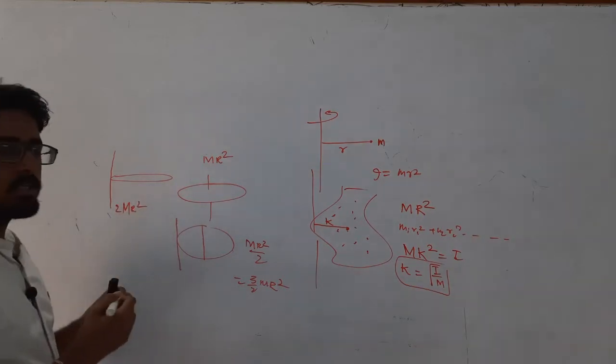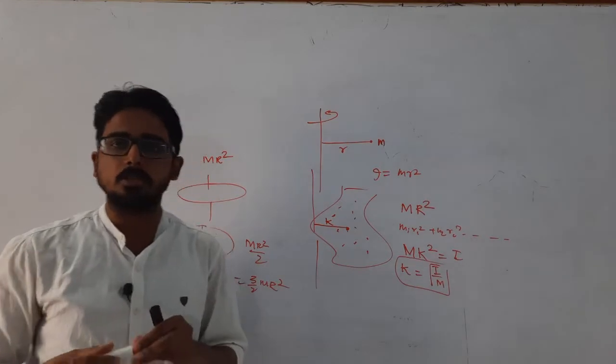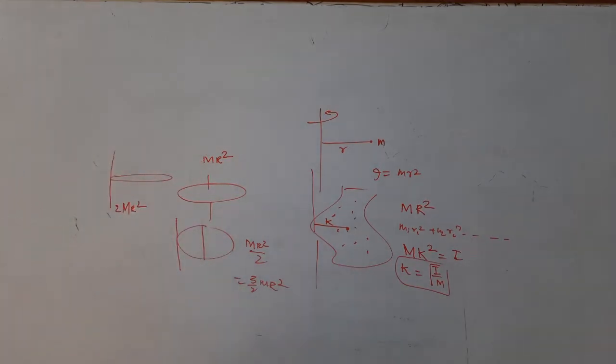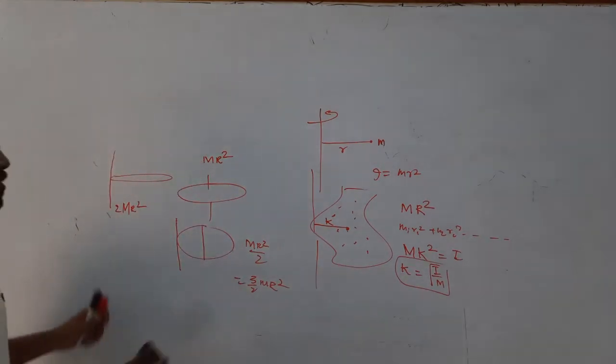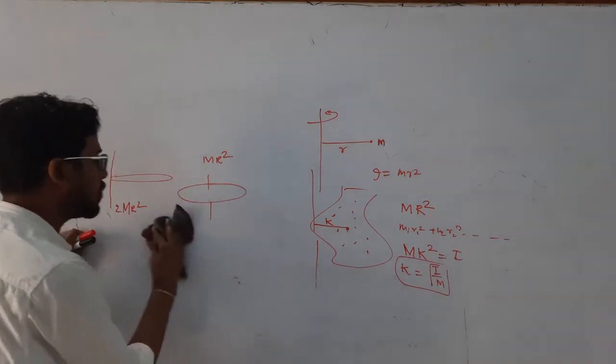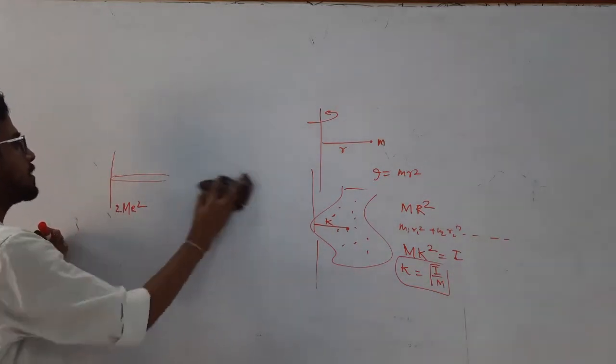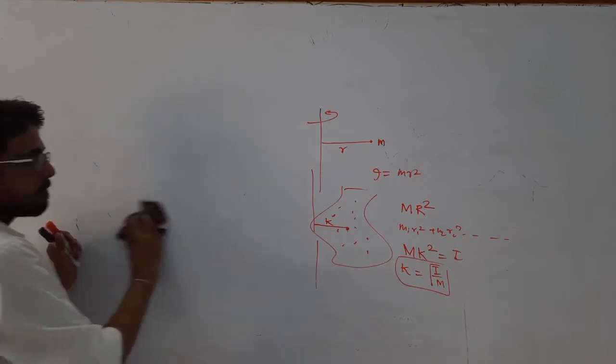Clear? We also discussed two theorems, the parallel axis theorem and the perpendicular axis theorem. These two theorems are very important to find the moment of inertia of different bodies. Clear?